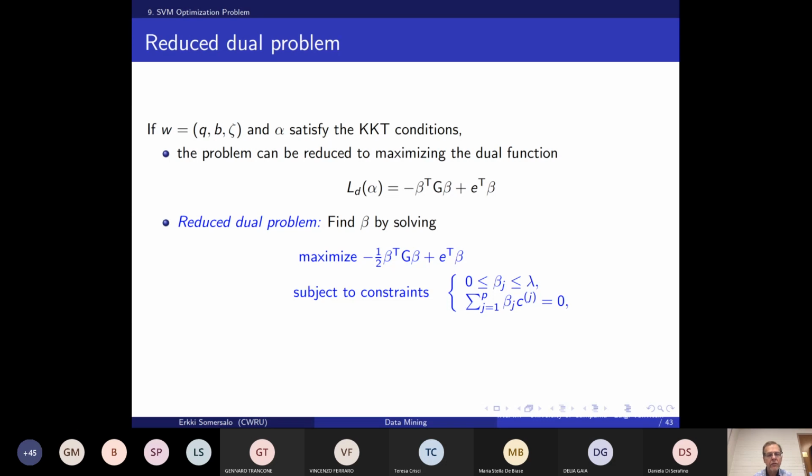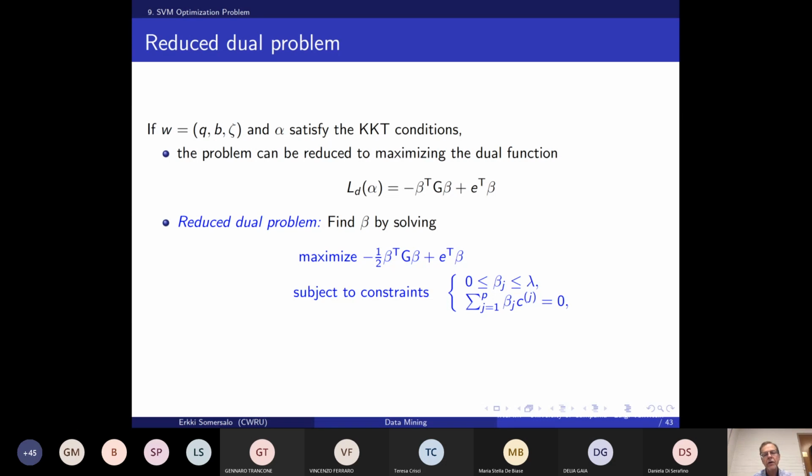So if you have a quadratic optimization problem, you have to maximize a quadratic function. That's not hard because that's just a linear problem, but the constraints make it a little bit more complicated. One idea is to optimize one coefficient beta at a time.